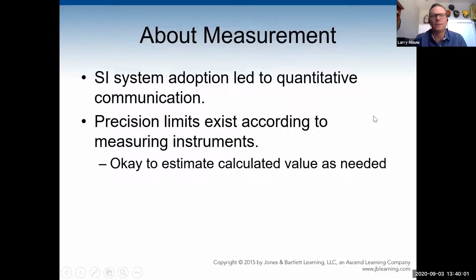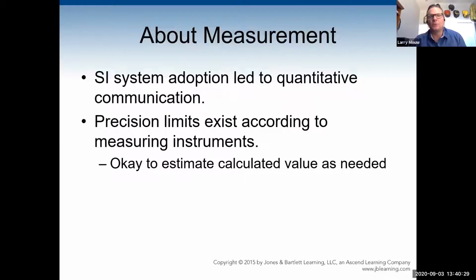The precision of limits is going to exist according to the measuring instrument. So if we're looking to measure something, if you're doing construction, you use a tape measure, and it's going to break it down to the 16th of an inch. If we're doing some machining on a lathe or something like that, we may use something called a micrometer, which is going to measure things at a much more precise level.